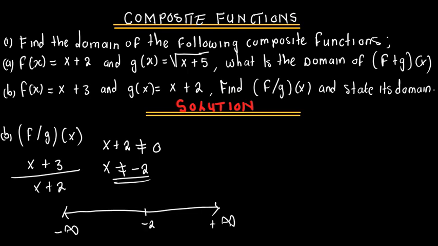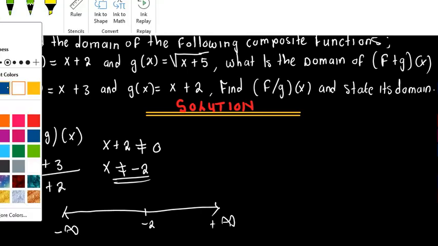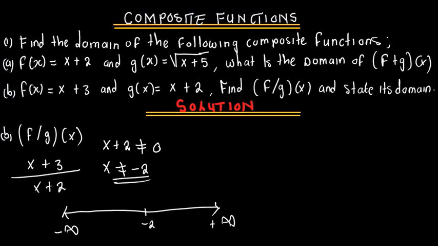We have negative 2. The first part is going to come from negative infinity with an open circle, and go up to negative 2. At negative 2, it's going to have an open circle, meaning negative 2 won't be included, because if we include it, it's going to make the function undefined.